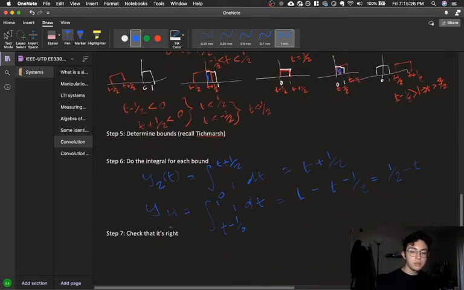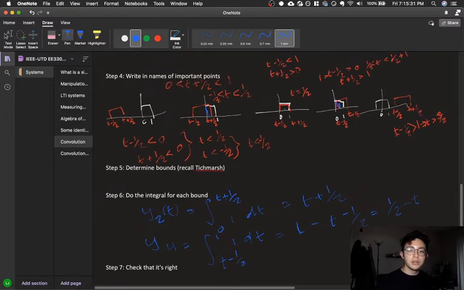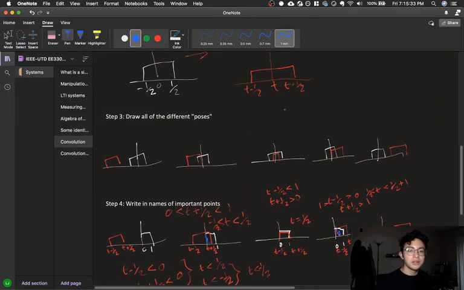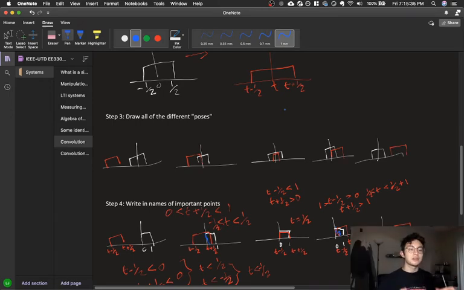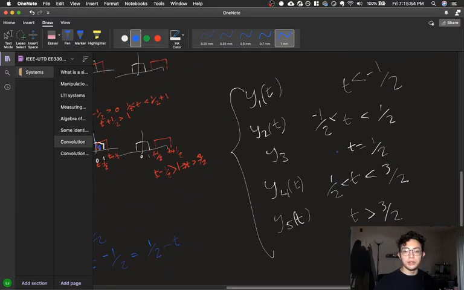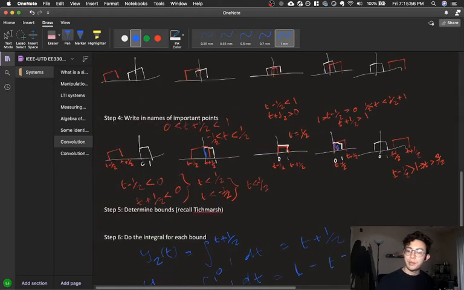The way that you check that these things are right is by looking at the two signals and seeing, if we were to get the two signals right on top of each other, what would the maximum area be if you were to multiply these two? That should be your max value. Notice that the area of each of these is 1, so the max area will be 1. So we're going to get a max value of 1 here at this y3.